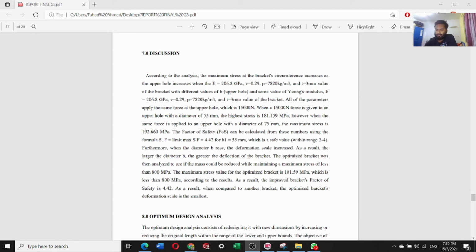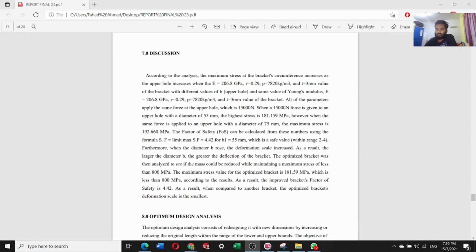For 50 mm, the highest stress we got is 181.159 megapascal, and for 75 millimeter the maximum stress is 192.660 megapascal. By using the safety factor formula for 55 millimeter diameter, we found 4.42, which is safe.